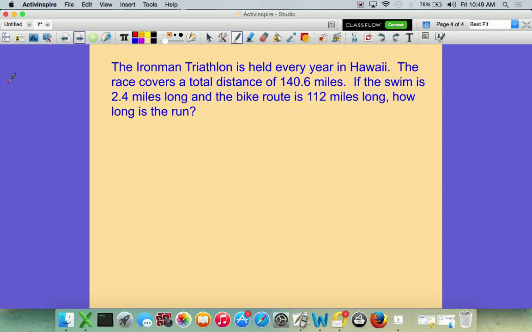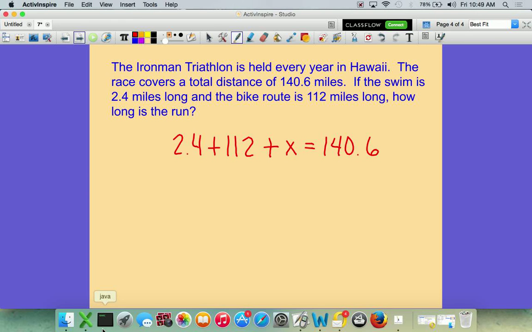First thing that we have to do is make an equation for this. So, we know the swimming part is 2.4, plus the biking part is 112, plus what we don't know is how long they ran. But we do know the total is 140.6. So, there's our equation.